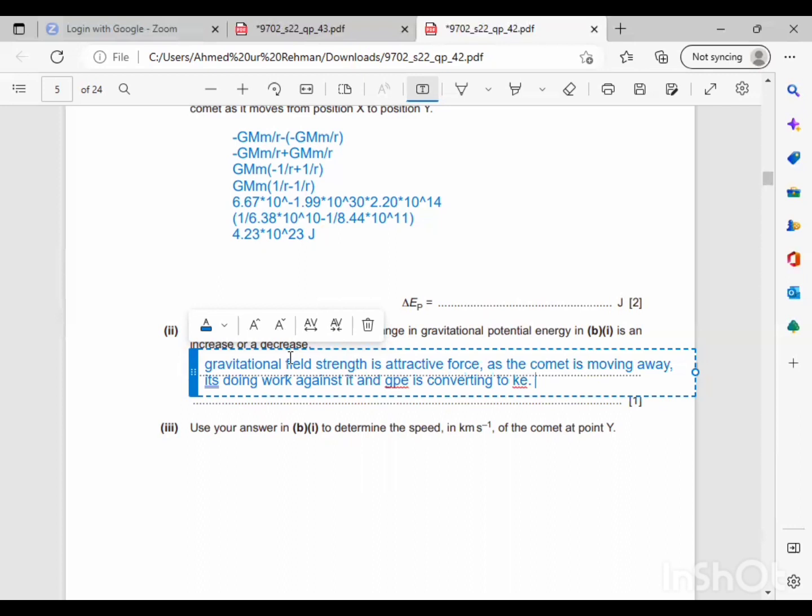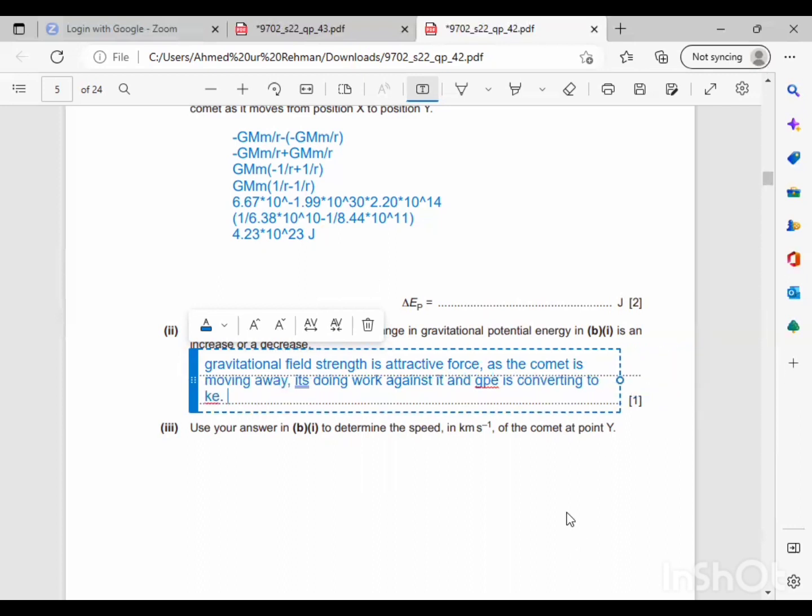You can write the full form in the answer. So that's our answer.